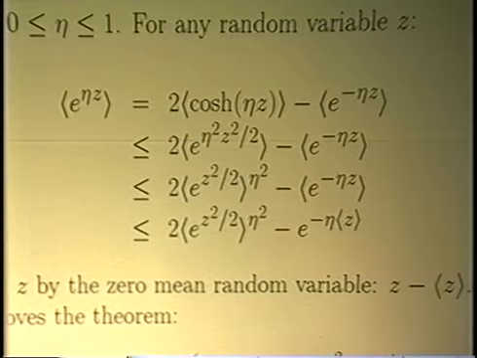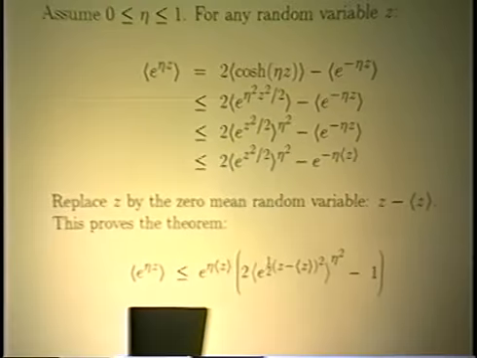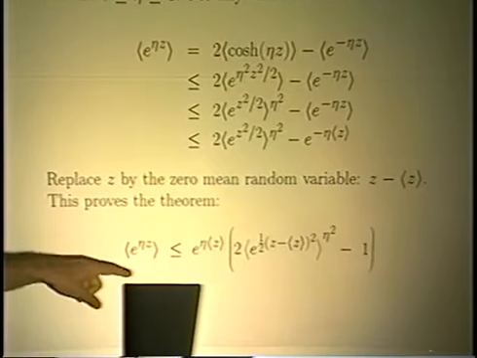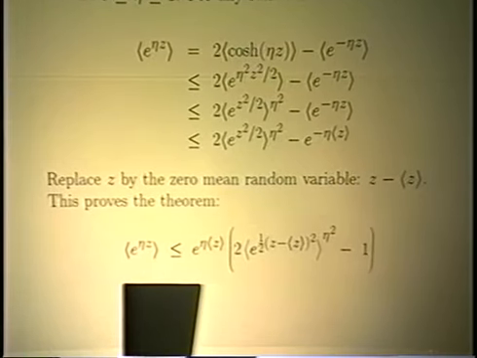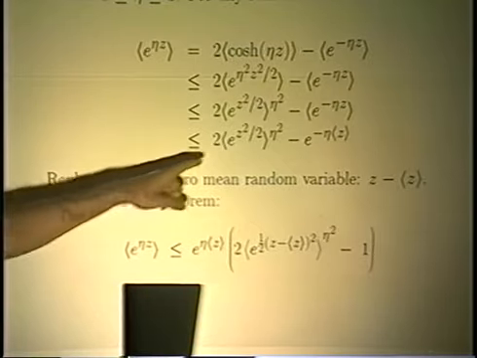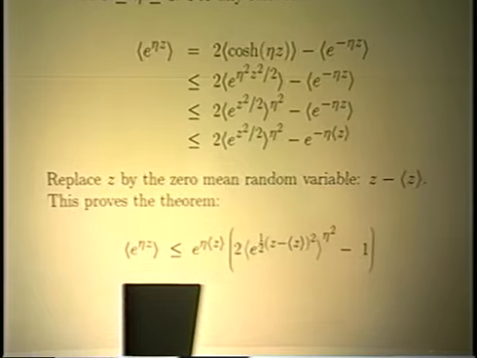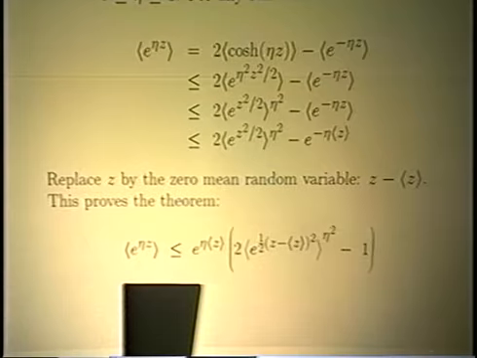Hopefully you can see that that's actually pretty simple. Now that's not the exact form of the bound I had on the last page. To get the form down here, just take this random variable z and replace it by the random variable where its mean is subtracted out. If you do that, basically what you'll get up here is the difference between z and its mean, and this other factor will pop out in front.